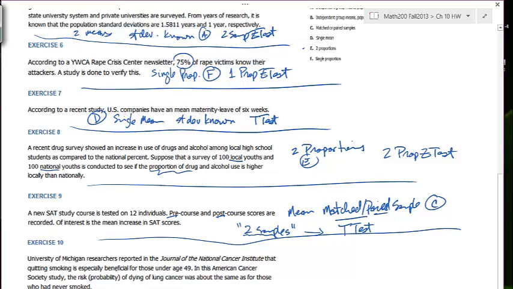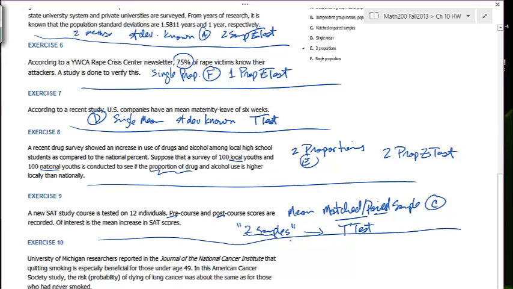Journal of Cancer Institute reported that quitting smoking especially benefited for those under 49. So an American Cancer Society study, the risk probability of dying of lung cancer is about the same as those who never smoked. So they're looking at a risk of cancer, and cancer is happening as a proportion, like what proportion has cancer.